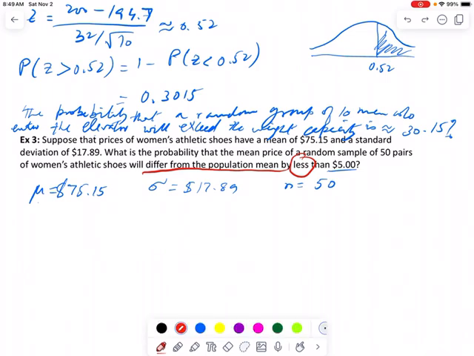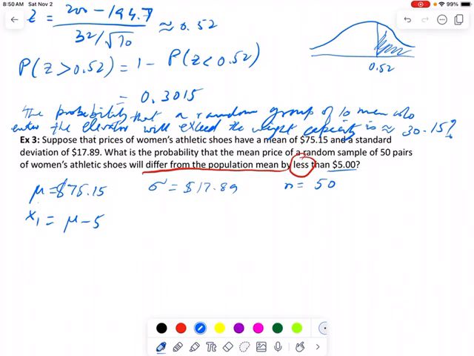So if I call, let's say x1, let's take this the mu minus 5. So there will be two numbers. One will be mu minus 5. So the difference between mu and mu minus 5 is 5.